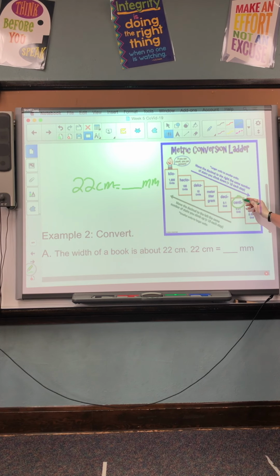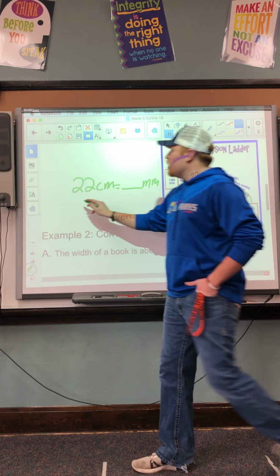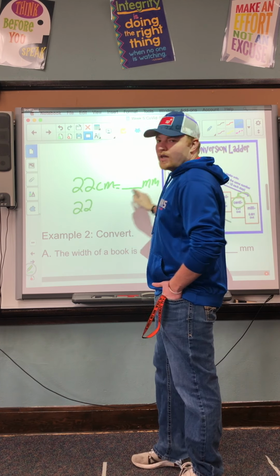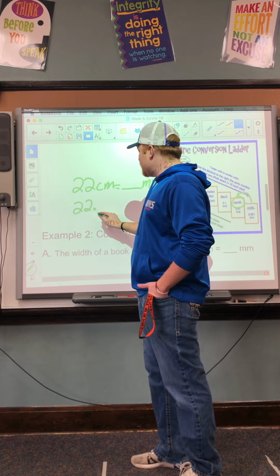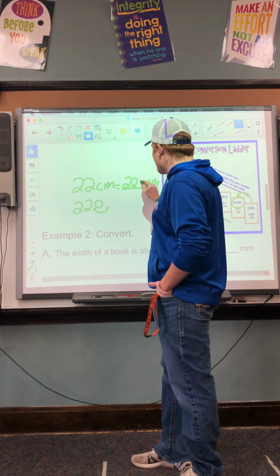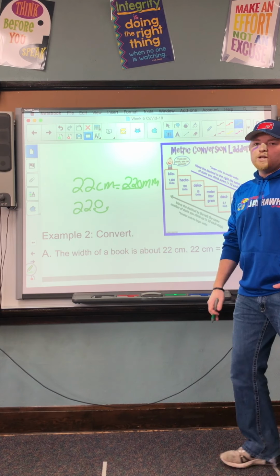We're going down, so the number is going to be bigger. So we start here, and then we go down 1 stair. So then we move the decimal to the right, 1 place over. So it'd be 220 millimeters equals 22 centimeters.